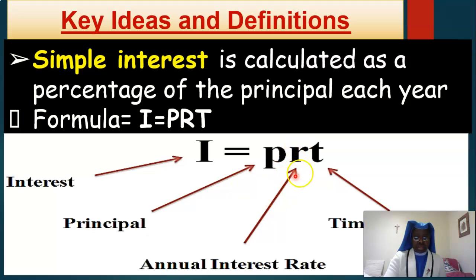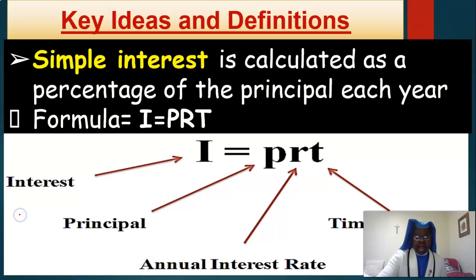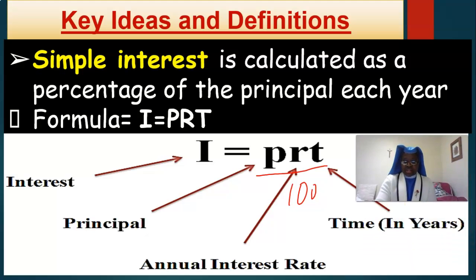And this rate is always over 100 because it's in percent. So anything percent is out of 100. Sometimes people forget that, so I would put this all over 100 to remember that once rate is involved, rate is about 100. And then time is always in years, the number of years. It's very important to remember that time is always calculated in years.